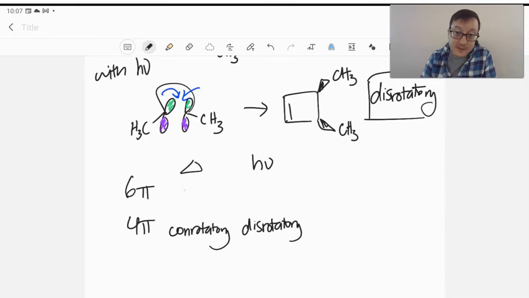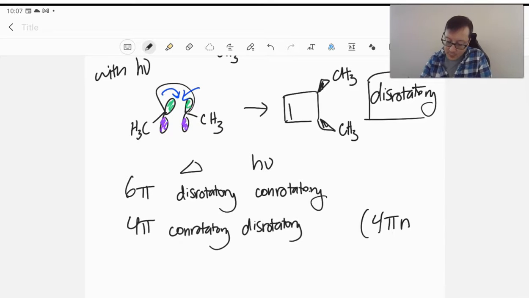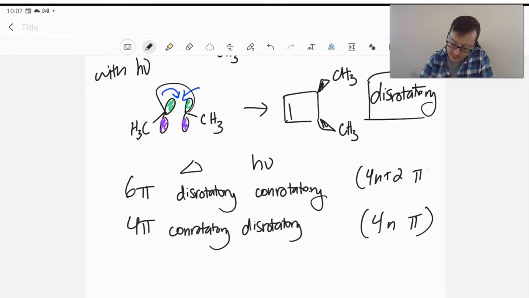With thermal for 6 pi, that was disrotatory, and with light it's conrotatory. And really this can actually go to 4n pi electrons, and this would be 4n plus 2 pi electrons. So it doesn't necessarily mean 4 and 6, respectively. An 8 pi system would behave much like a 4 pi system would, and a 10 pi would be the same as a 6 pi system.